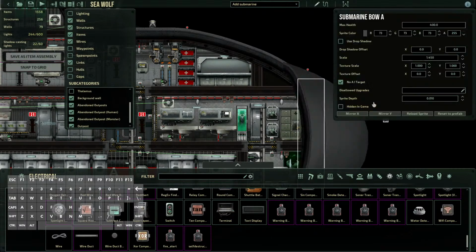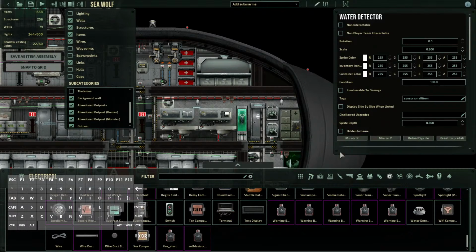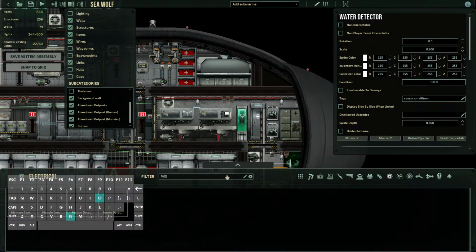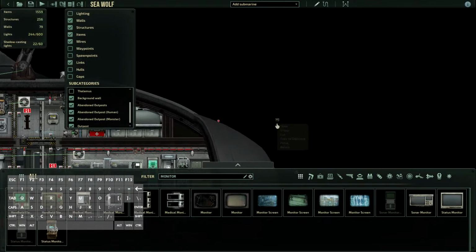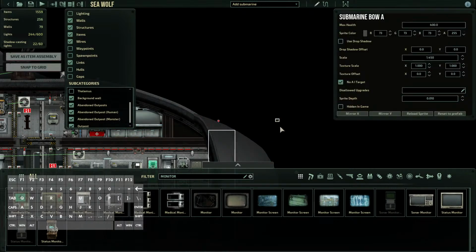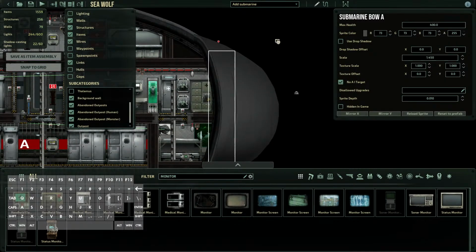Because there's also now this thing, what's it called? The handheld something monitor. Handheld status monitor, that's what it's called. So this thing, if you open this, this is a portable version of the captain's status monitor on the helm.